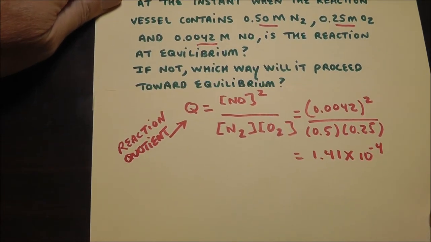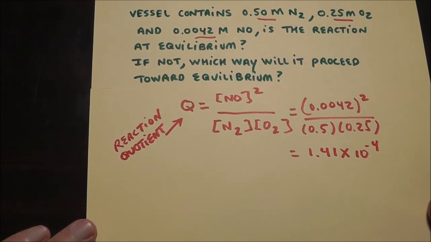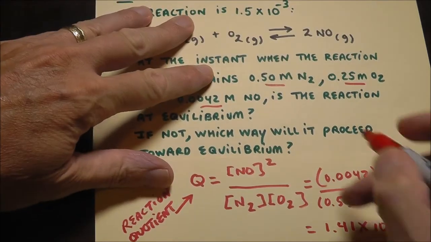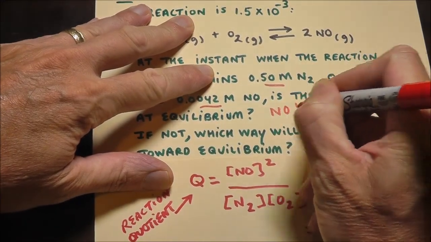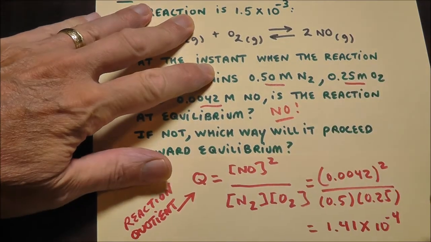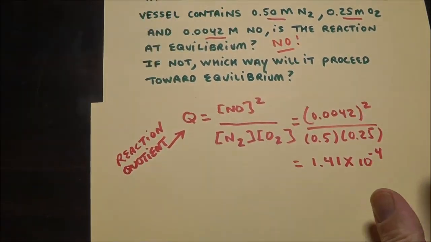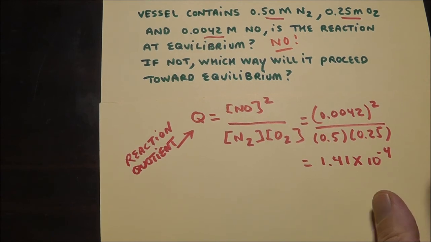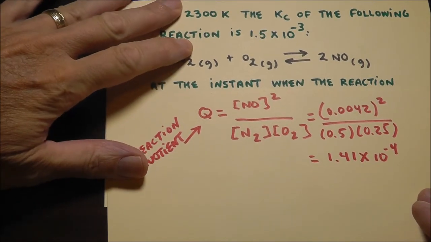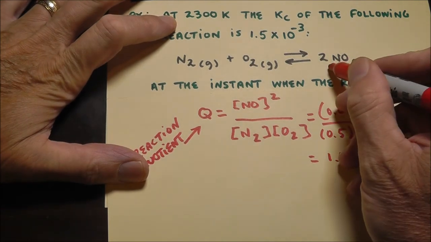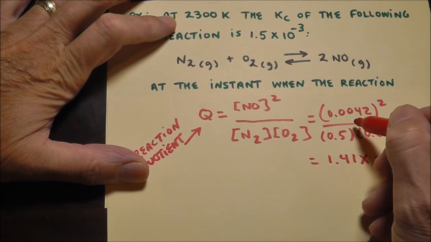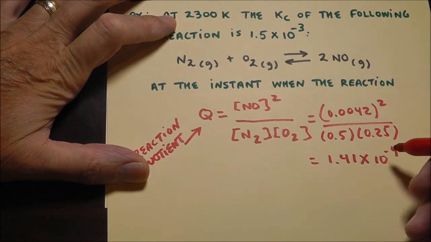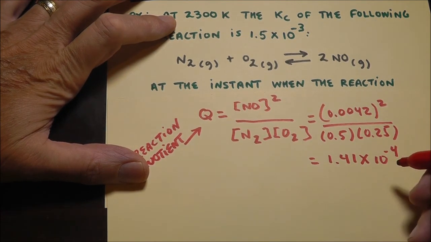Now let's think about what that means. First of all, that means I'm going to write no there. And second of all, it's got to go one way or another. If the reaction were to go to the right, that would make the concentration of NO higher and these concentrations lower, and that would make this number Q bigger.